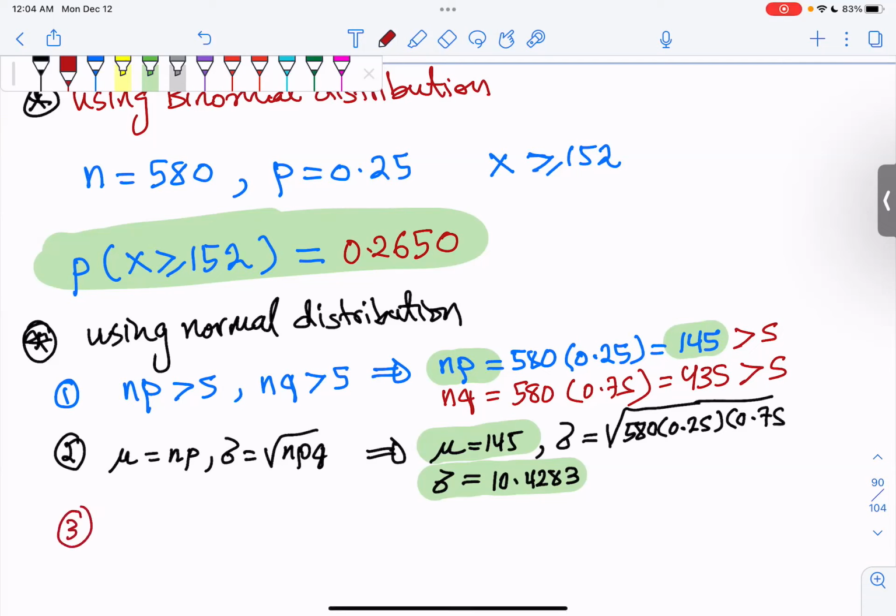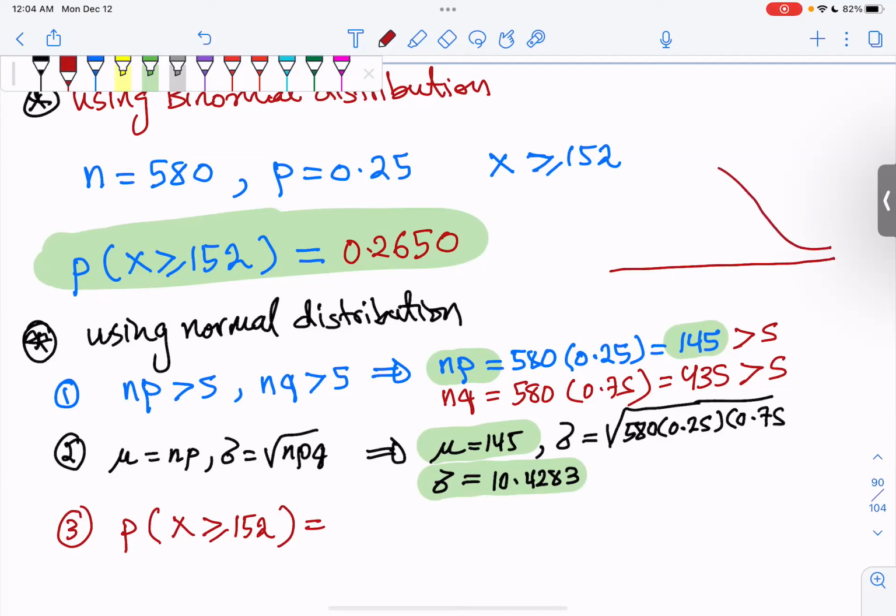So we need those. And then the third step, we have to find the real limit, or the boundary, for the random variable. So we need the probability of x greater than or equal to 152. Since 152 is included, we will sketch it here.